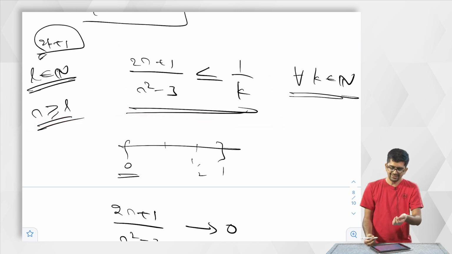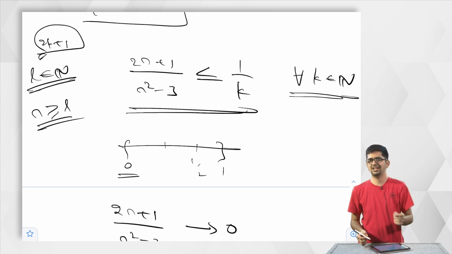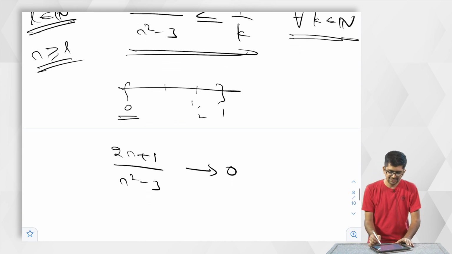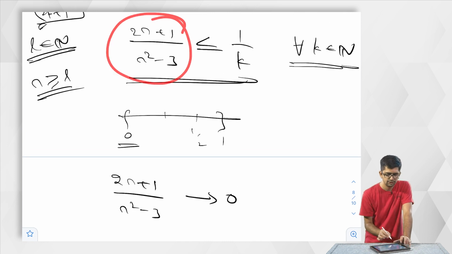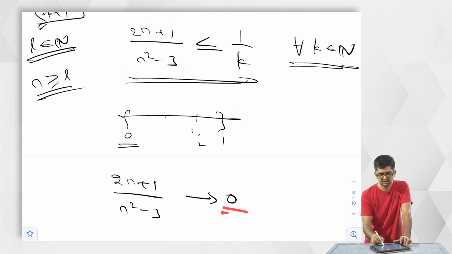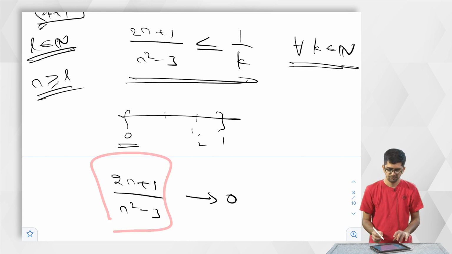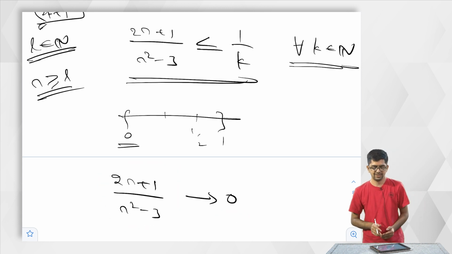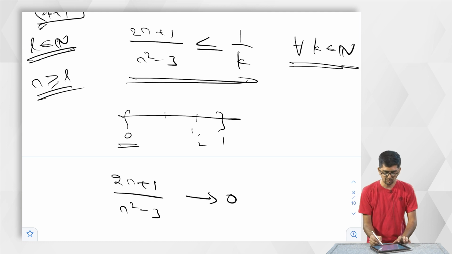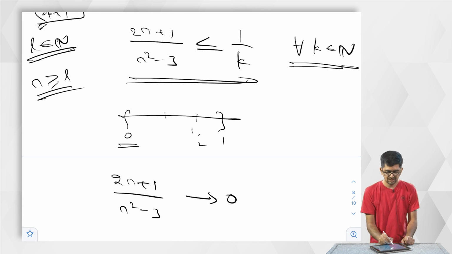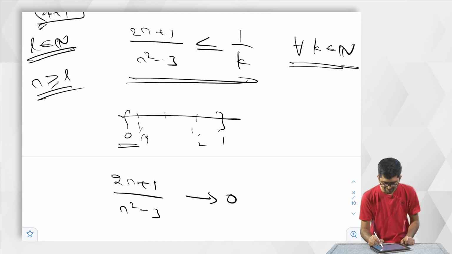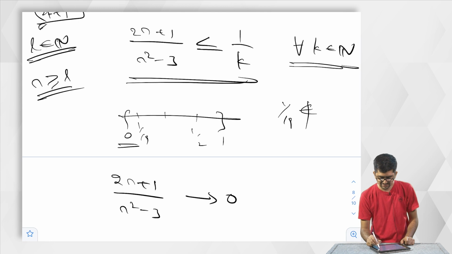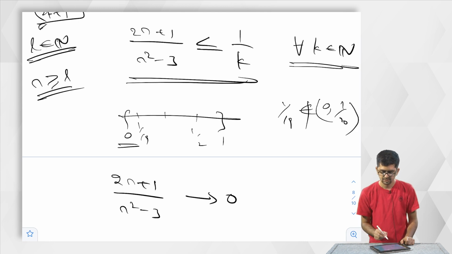So 1 by k is a bound for a very large portion of the sequence, and that says if it is convergent, the only possible element it should converge to is 0. It may not converge, that is a different thing, but if it is convergent it should converge to 0. This is not a proof, but it is giving me some idea of what element I should choose. So I am choosing 0 because 0 is the only element that belongs to all intervals. If I take say 1 by 19, 1 by 19 is not an element of, say, 0 comma 1 by 20, right.